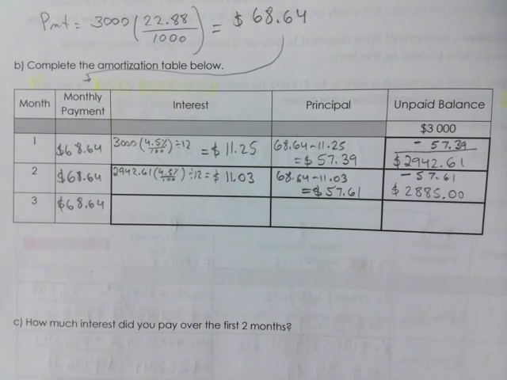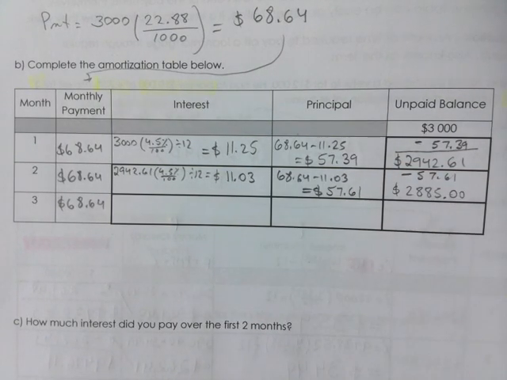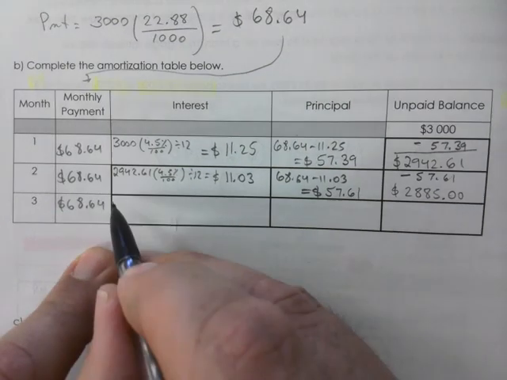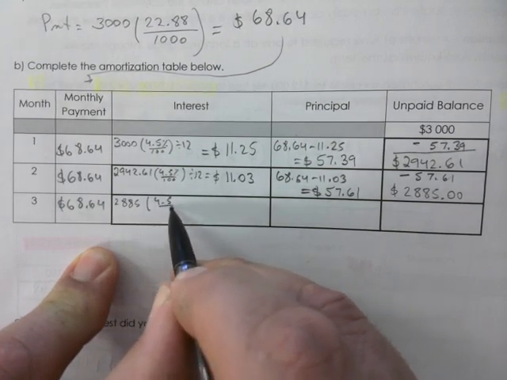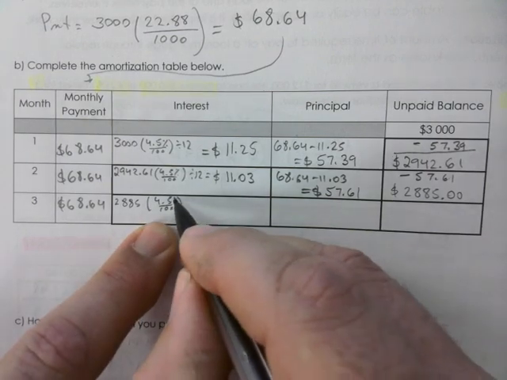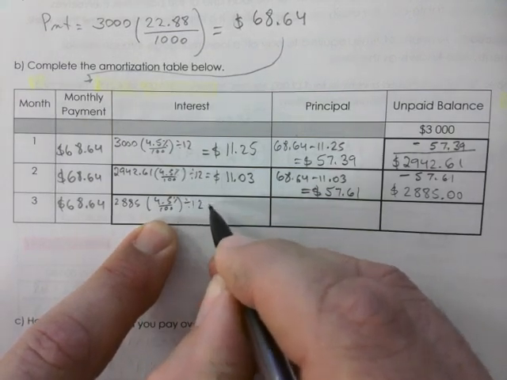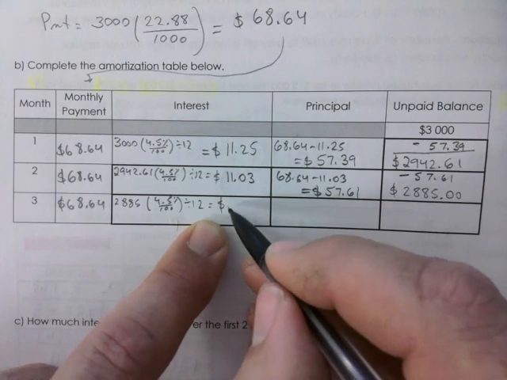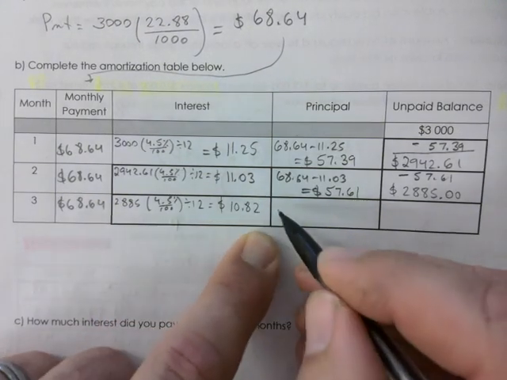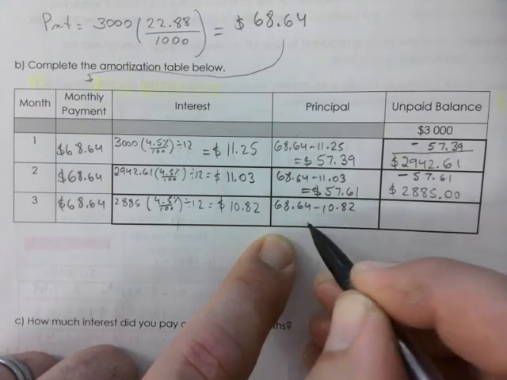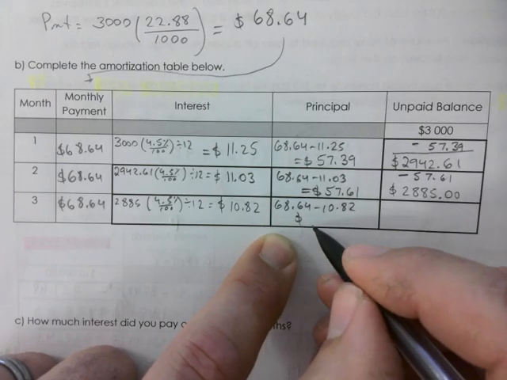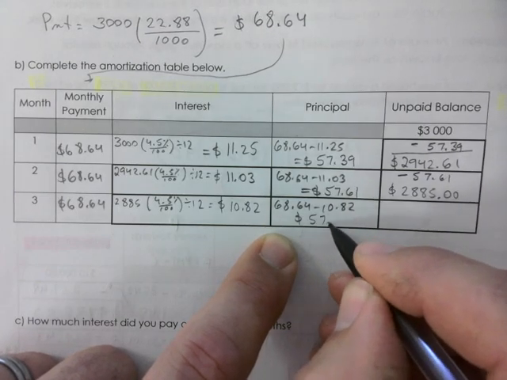Dollar signs, if you want full marks, make sure every entry has dollar signs. One more time, 2885, 4.5 divided by 100, divided by 12, that's $10.82. 68.64 minus 10.82, that is $57.82.